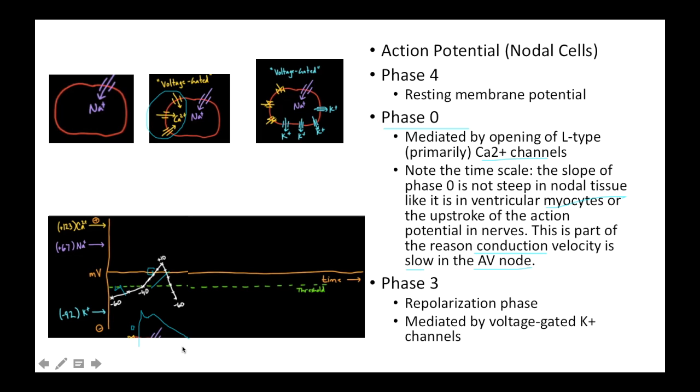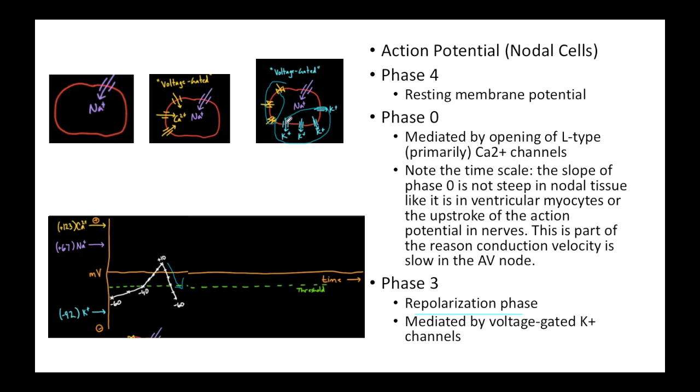And last, we have phase 3, which is our repolarization phase, as you can see here. And in phase 3, our calcium channels become inactivated, and our potassium channels become activated.